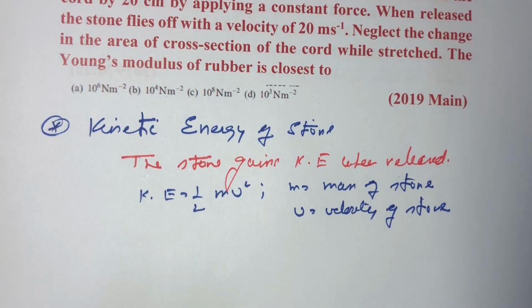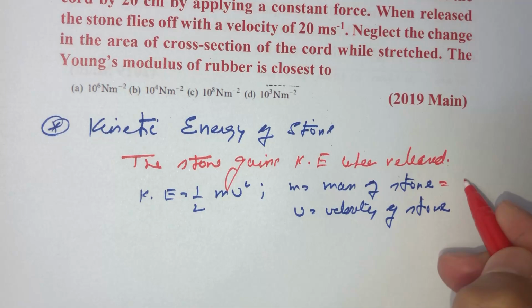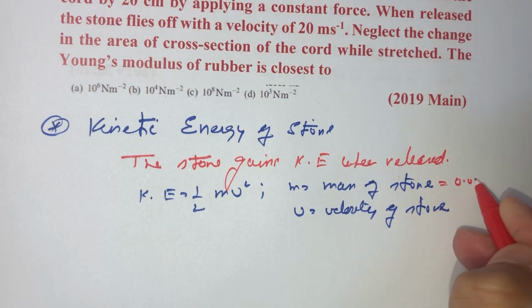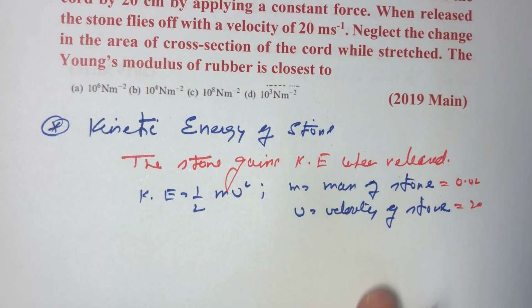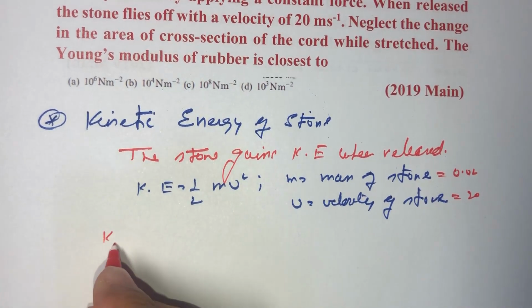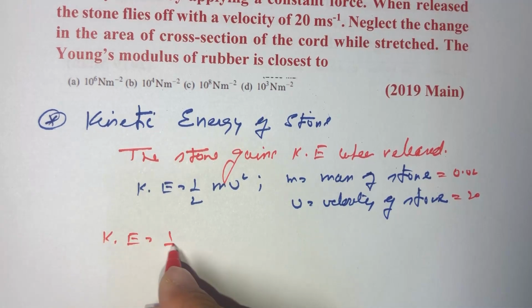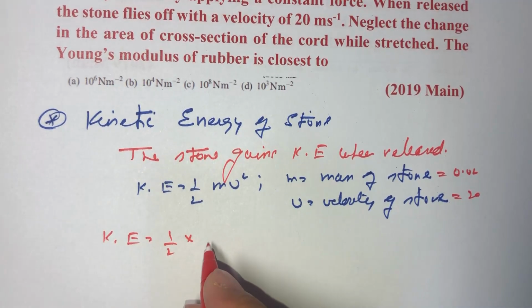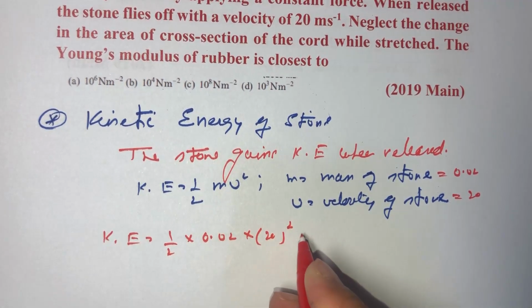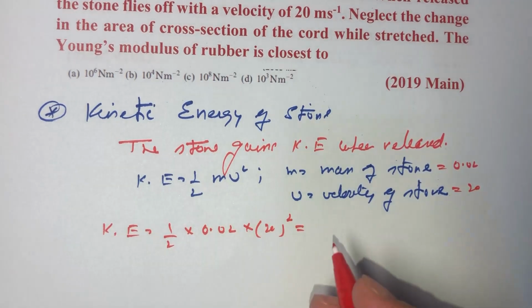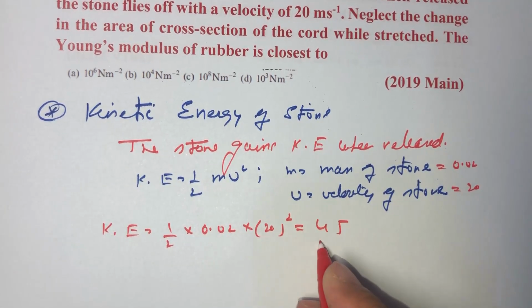So we substitute the value. Mass of the stone is given as 0.02 kg and velocity is given as 20 meters per second. So we get kinetic energy is equal to half into 0.02 multiplied by 20 whole square, and this comes as 4 joules.